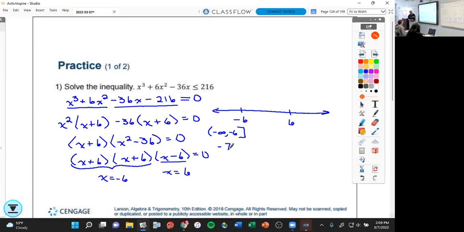So I'm going to use negative 7. Plug negative 7 into this. Now we're going back to the original problem.